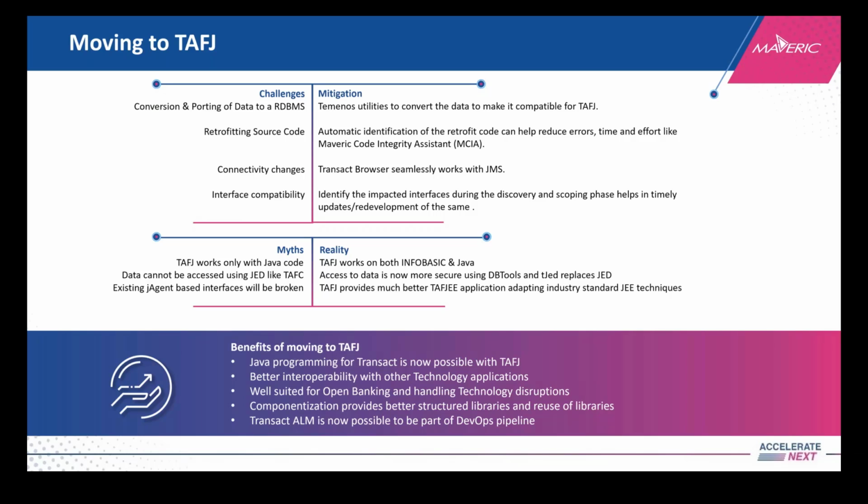So what are the benefits that the bank gets by moving to TabJ? You can do Java programming, you have better interoperability with other technology applications, and when you are planning to implement open banking to handle the technology disruptions, TabJ definitely comes in handy.